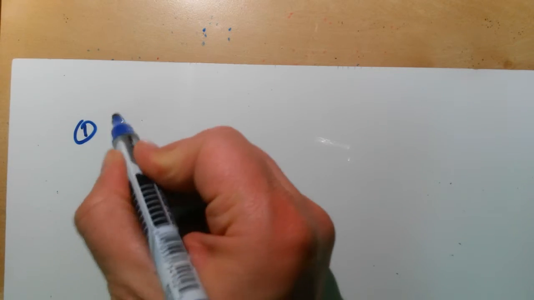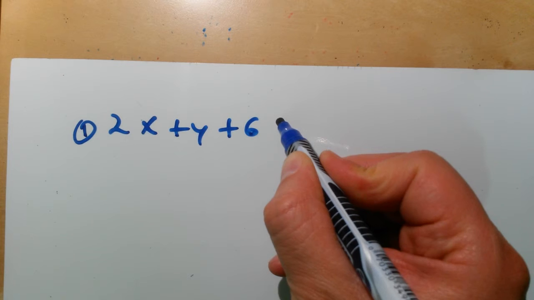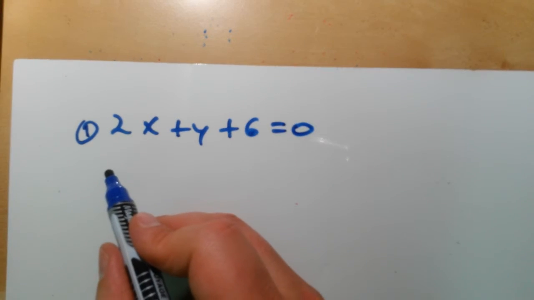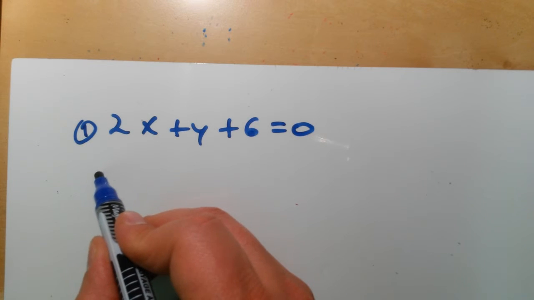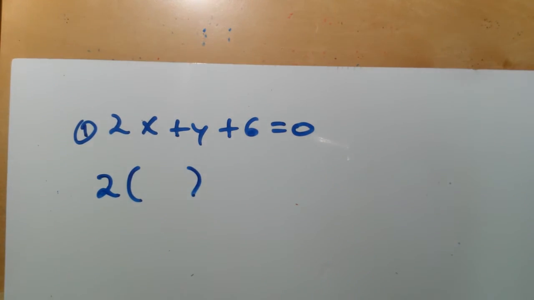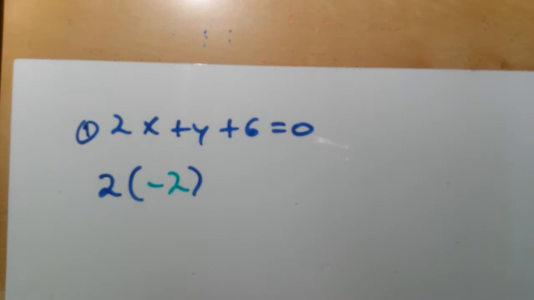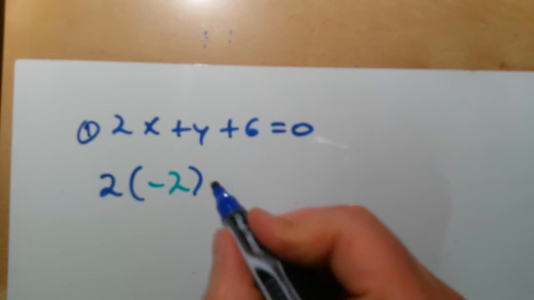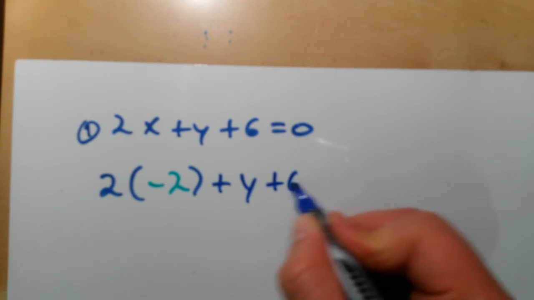So let's do that. Our equation 1 was 2x plus y plus 6 equals 0, and our x value was negative 2. So we go 2 times negative 2 from our previous page, plus y plus 6 equals 0.